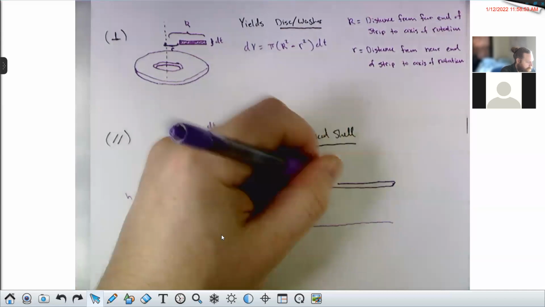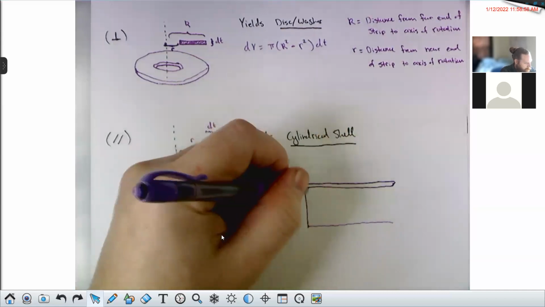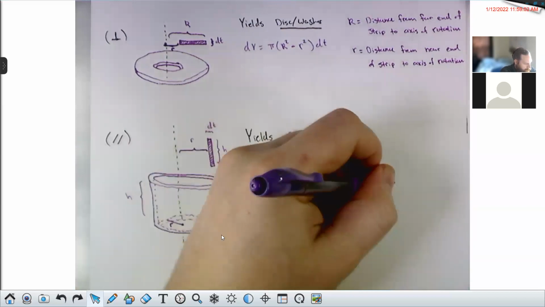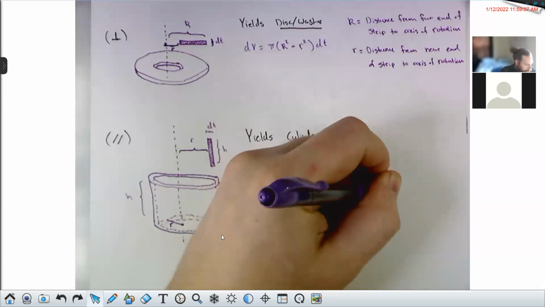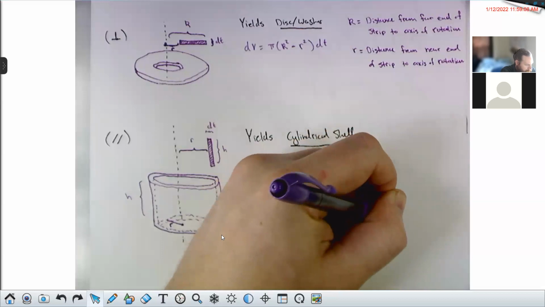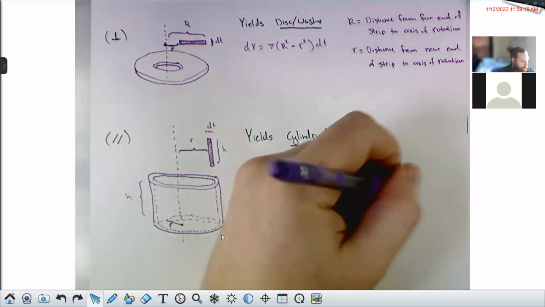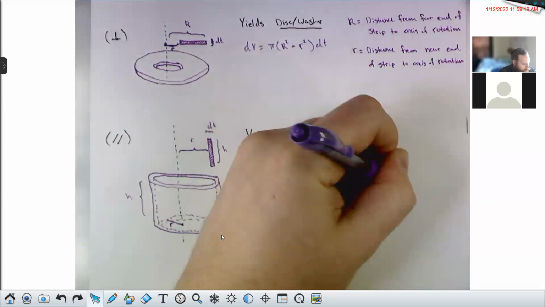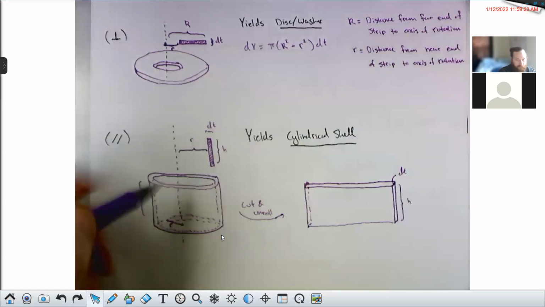It's very thin. That looks like this. The height is still the height. And this dimension here is still the little differential thickness of the strip.